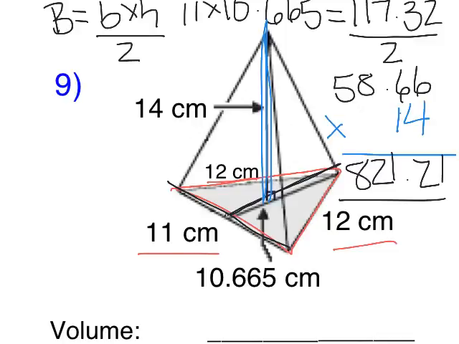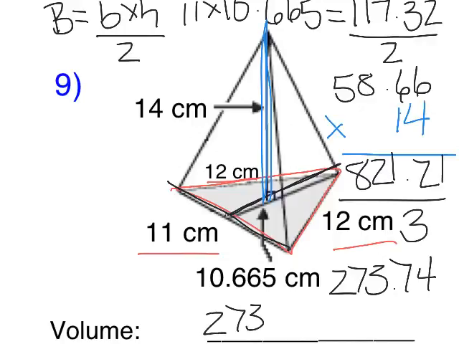We're going to divide this all by 3, and that's going to give us a final answer of 273.74. And when we write that with the units, we get 273.74, because we're rounding to the hundredths, centimeters cubed.